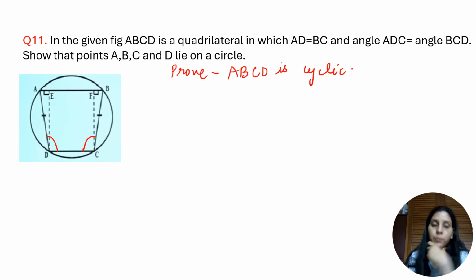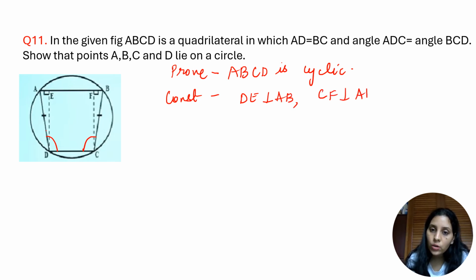This is very important, and here we have constructed. What did we construct? DE is perpendicular to AB and CF is perpendicular to AB. So I'll tell you why did we construct. If we don't construct, I cannot prove that the points lie on a circle because there's no information given.